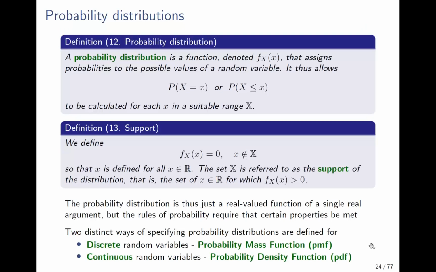Now that's random variables, hopefully very simple and clear. I now want to talk about the probability associated with random variables. The probability of random variables taking a given value or a given range of values is expressed and calculated using what's known as probability distributions.